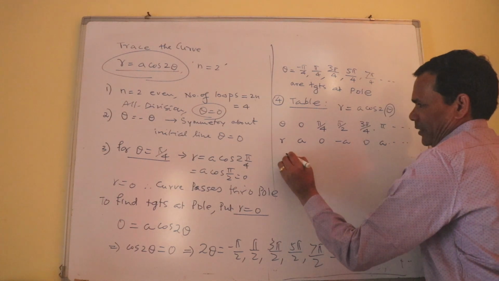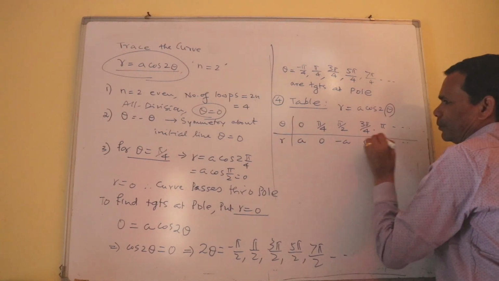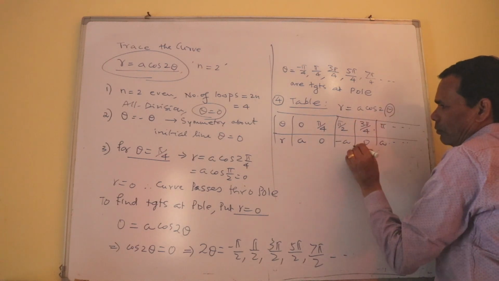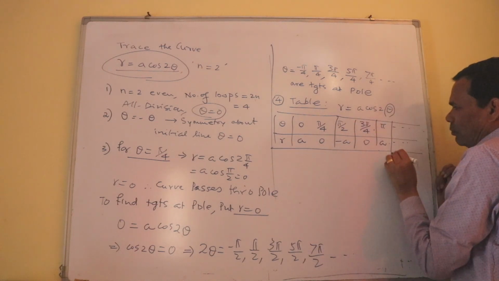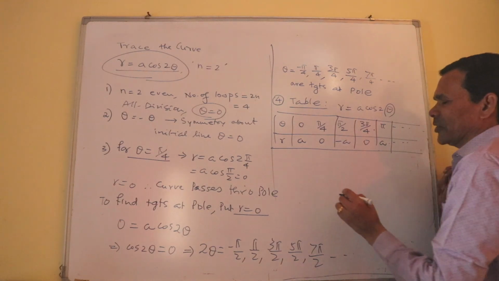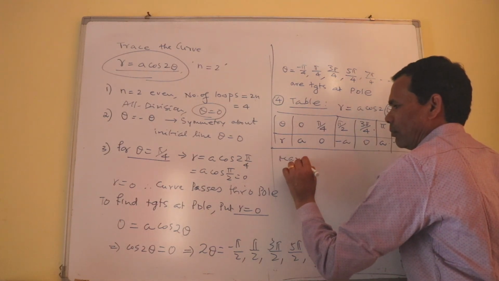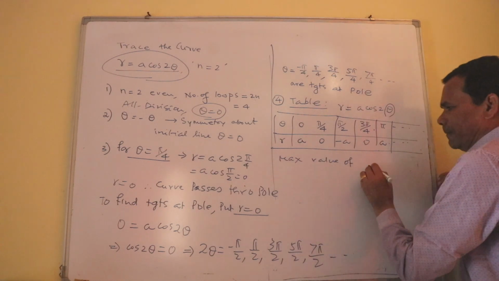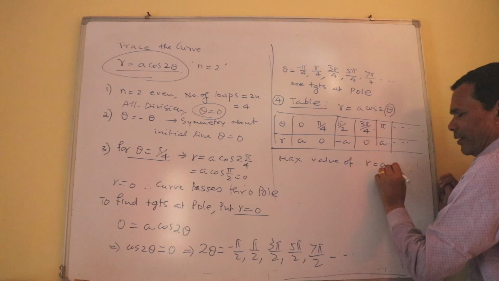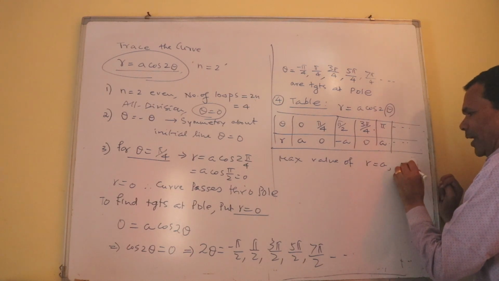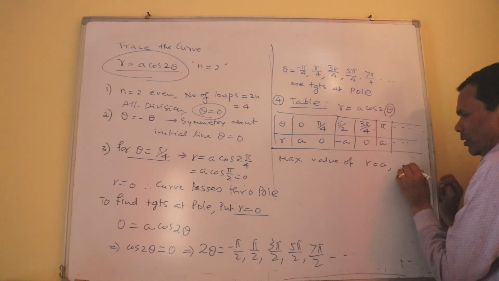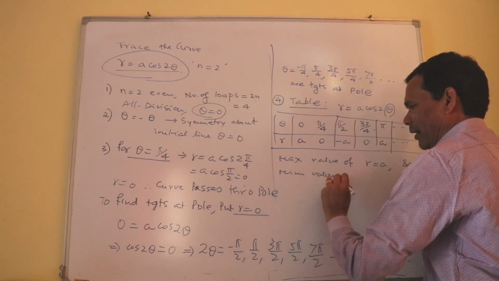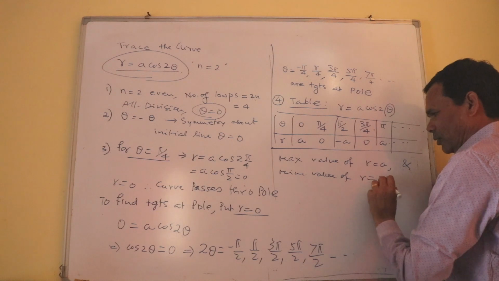So if you observe, the maximum value of r is a, and the minimum value of r is 0.